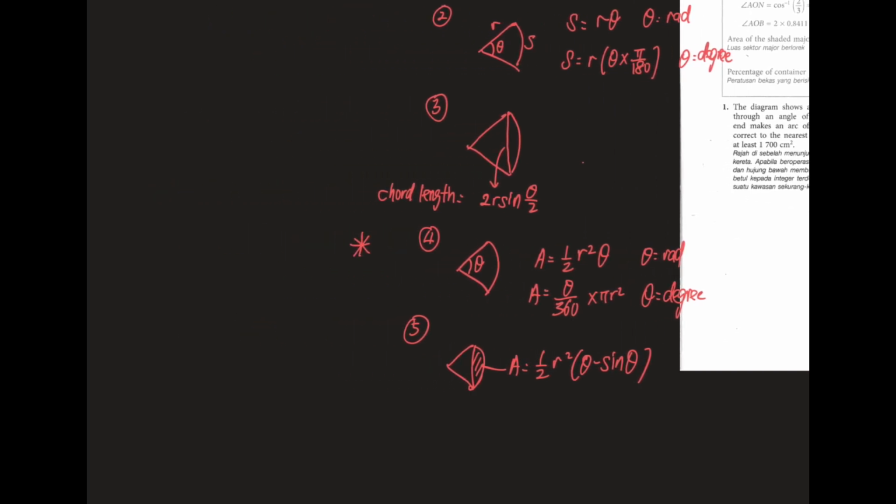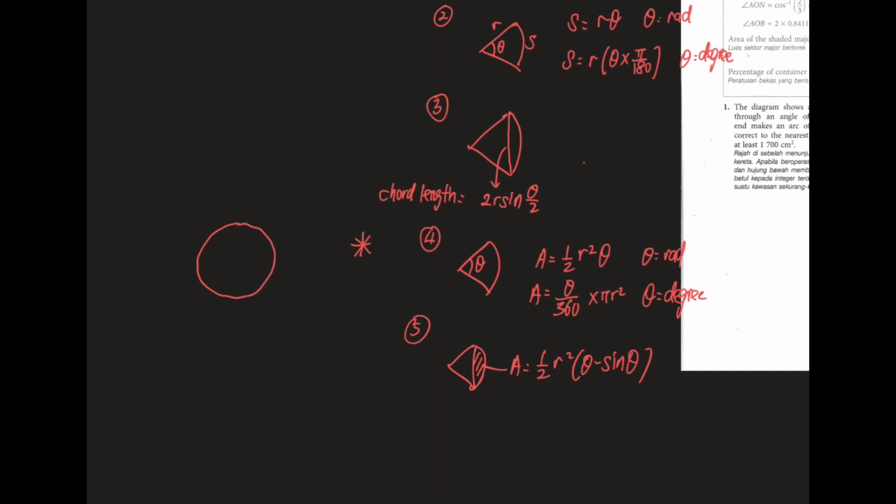If your theta is an acute angle, then you will get the sector called the minor sector. But in case you want to find out the major sector, you have to use the angle outside, from here to here. Maybe I put an extra note here.